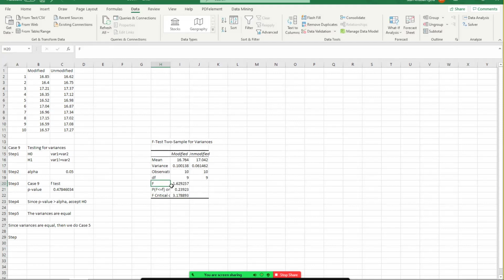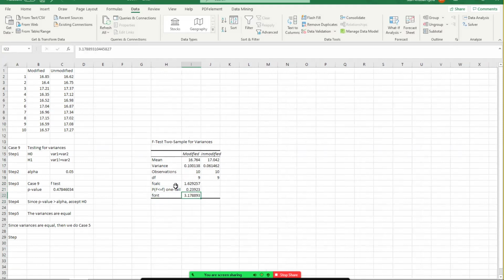Pero basically this is F calc, and this is F crit. One-tailed lang yung ginawa nila dito. So later sasabihin ko kung bakit one-tailed test siya. Pero kailangan ng ANOVA para make sense. Pero later, i-explain ko kung bakit the F test is always a one-tailed test.